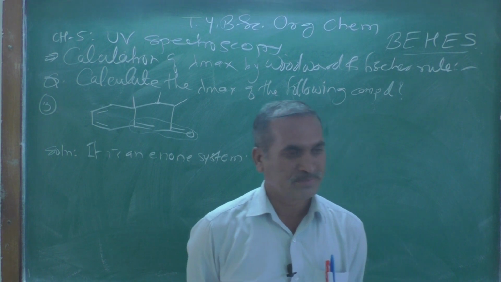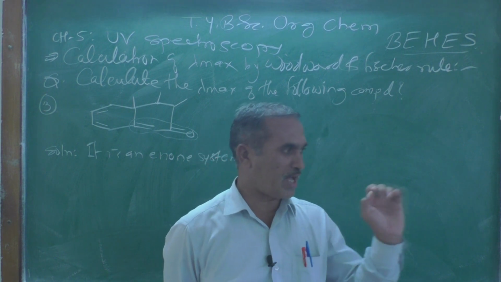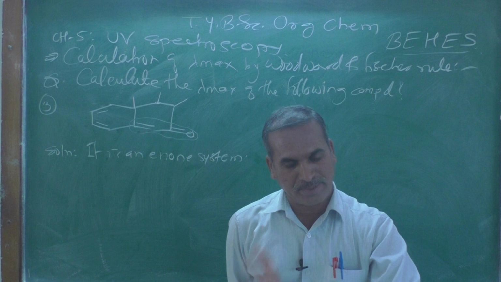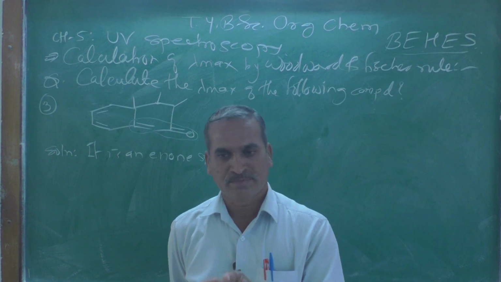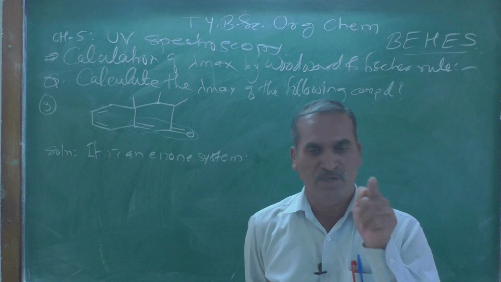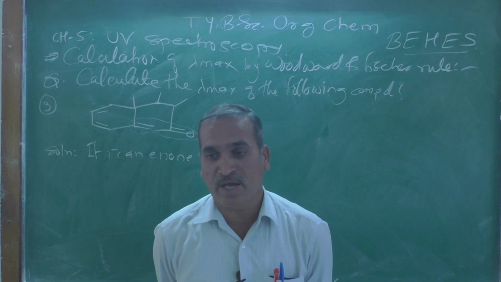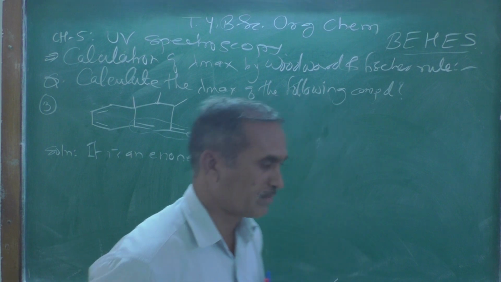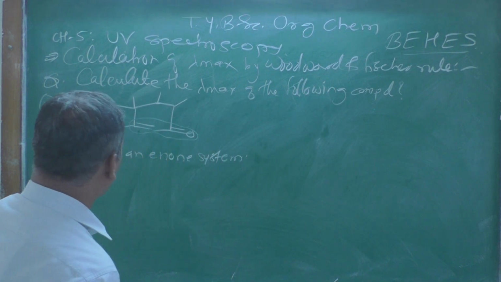If the carbonyl group is attached to a 5-membered ring, then the base value for the enone system should be 202 nanometer. Those are the things you must remember here.